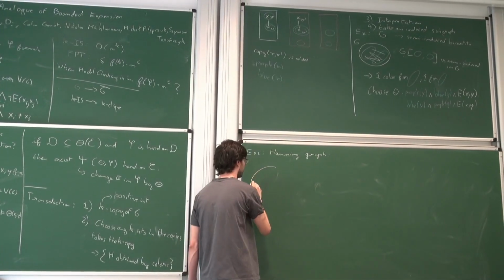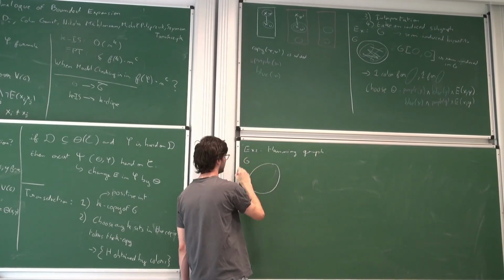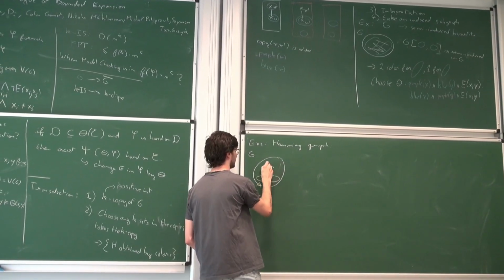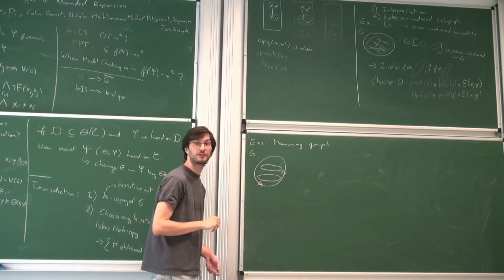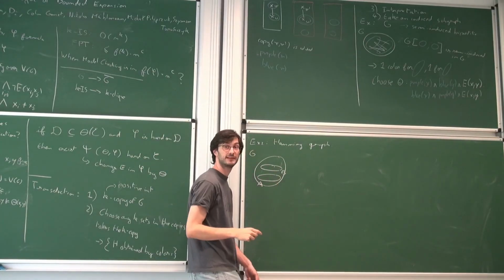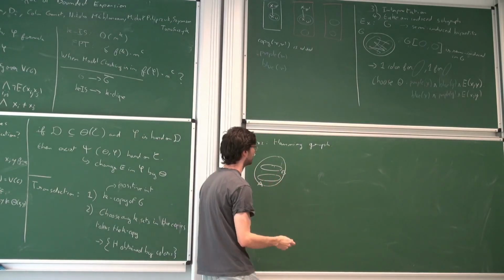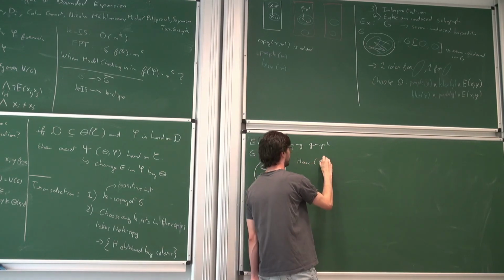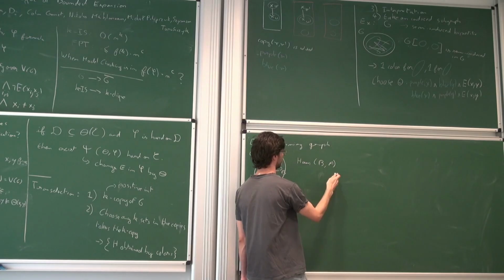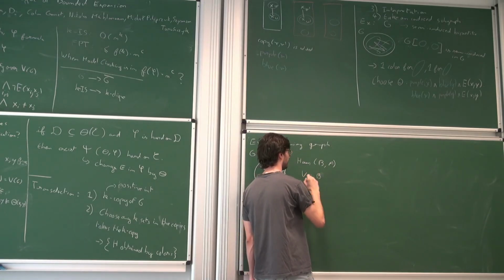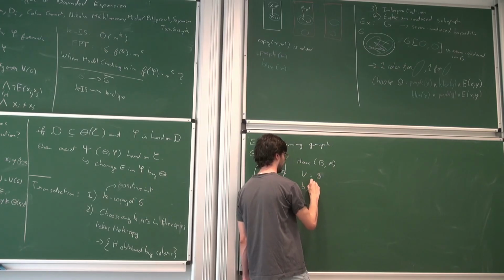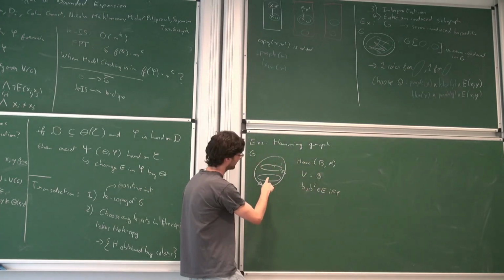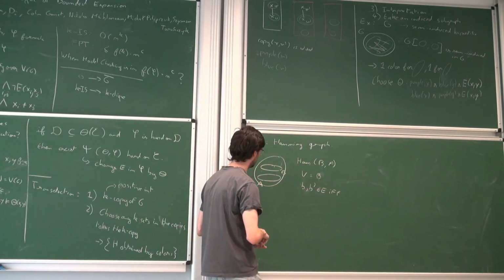So this is G, and again we choose two sets of vertices, A and B. And we would like to obtain the graph between vertices of B, that is the Hamming graph of B over A. The vertices are B, and B and B prime form an edge if they differ on only one vertex of A.